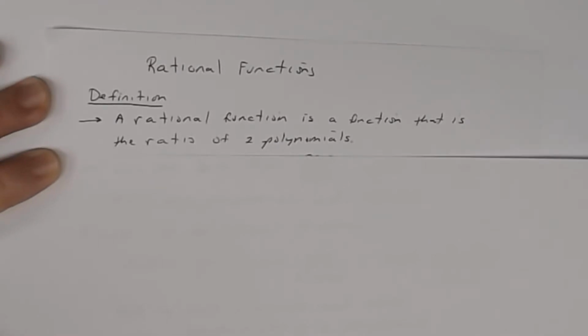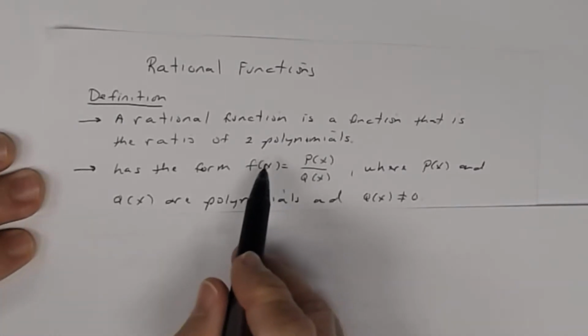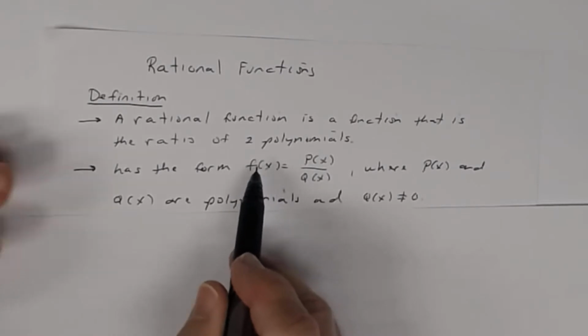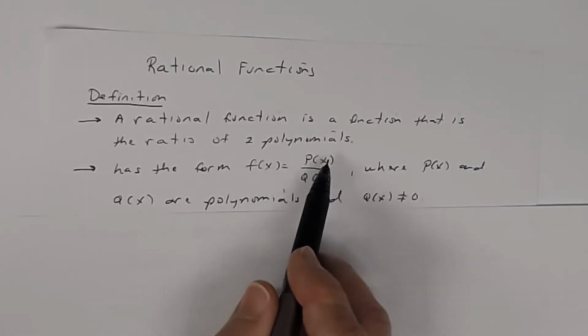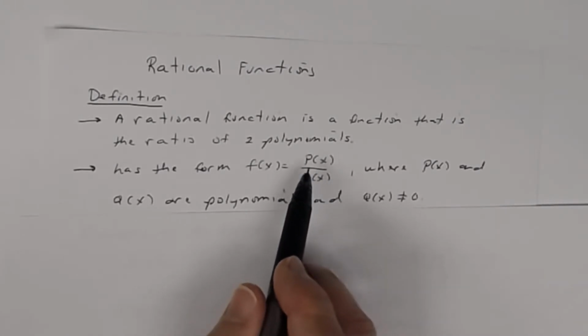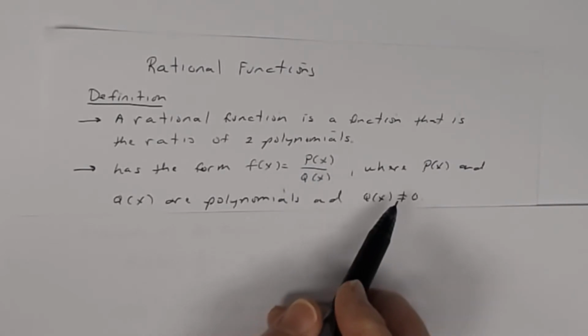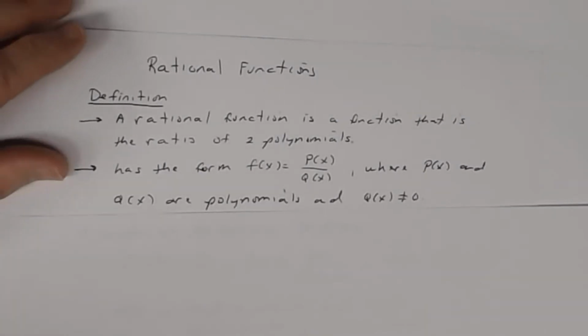It has some function name, f of x, g of x, h of x, whatever the name may be. But notice that you'll have a polynomial divided by a polynomial. Now remember, when dealing with a rational function, the denominator can never be zero. So keep that in mind as we discuss the idea of domain and vertical asymptotes.